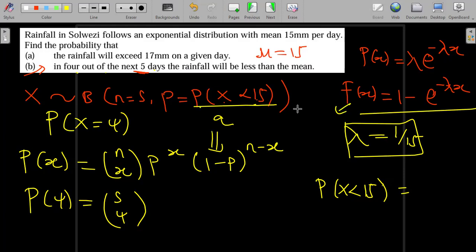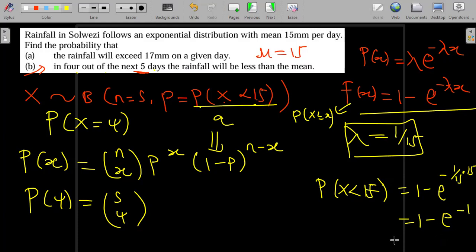Remember, the CDF is P(X less than or equal to a certain value of x). So this would be 1 minus e to the power of the parameter, 1 over 15, multiplied by x, which is 15.